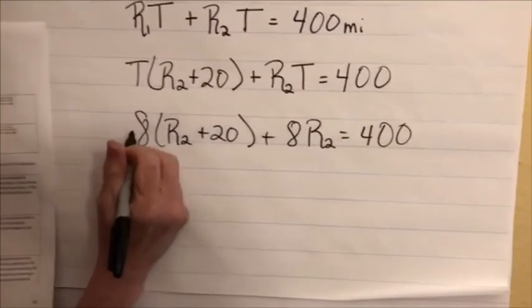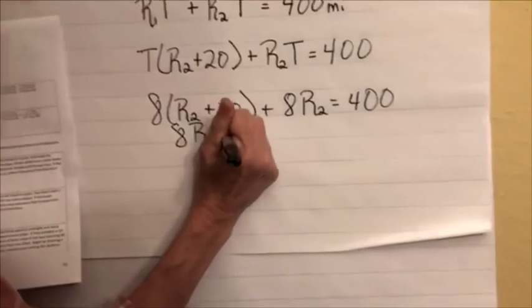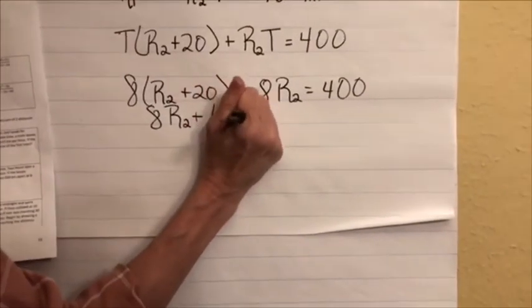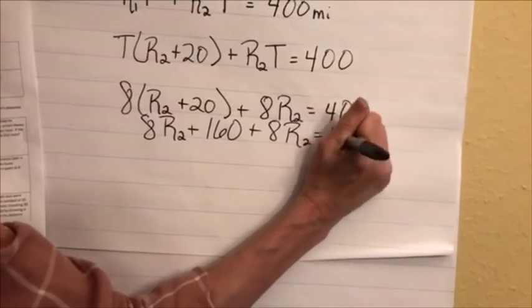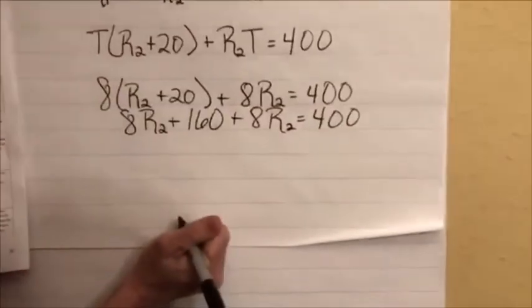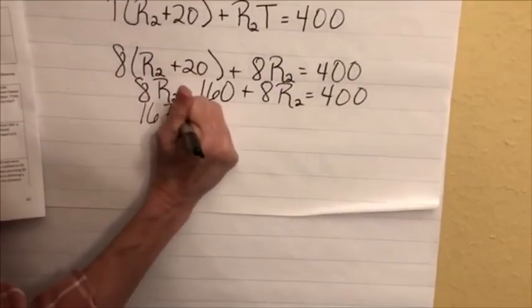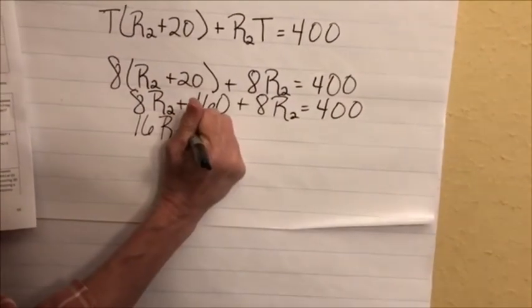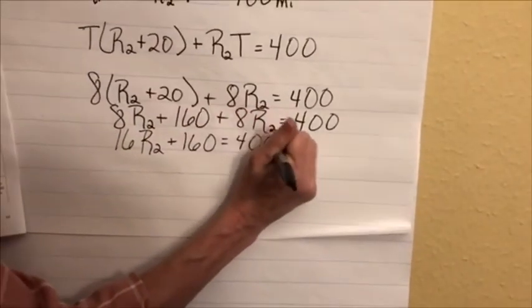Distribute that 8: 8 times R2 plus 160 plus 8 times R2 equals 400. And now we simplify: 16 times the rate of the second ship plus 160 equals 400.